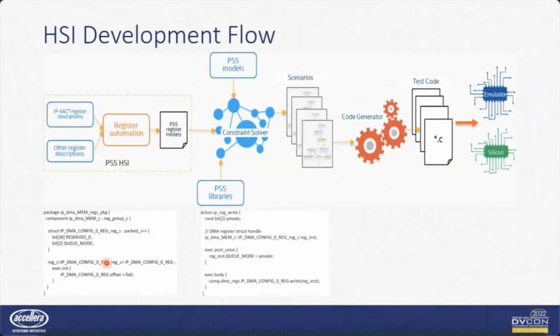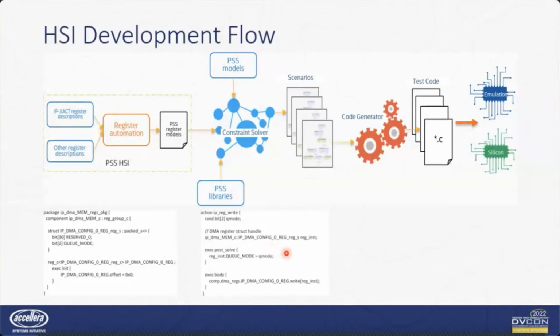Now the reg.c component provides four functions: read, read val, write, and write val, which may be called from the test realization layer of the PSS model, which is basically your exec body. Now here we have a simple PSS action which shows a simple register write using HSI.